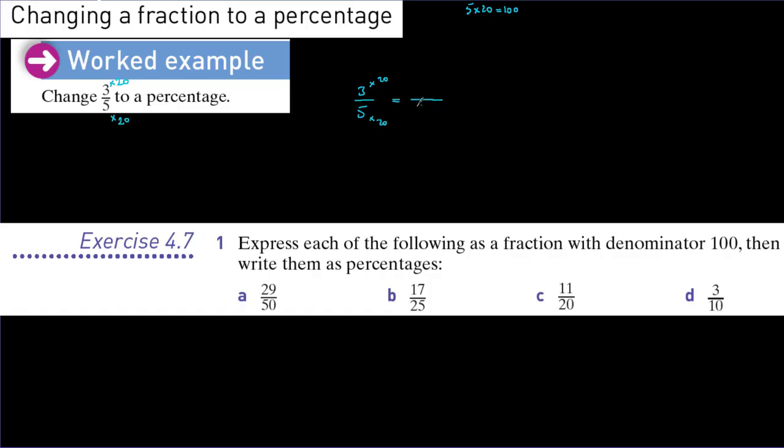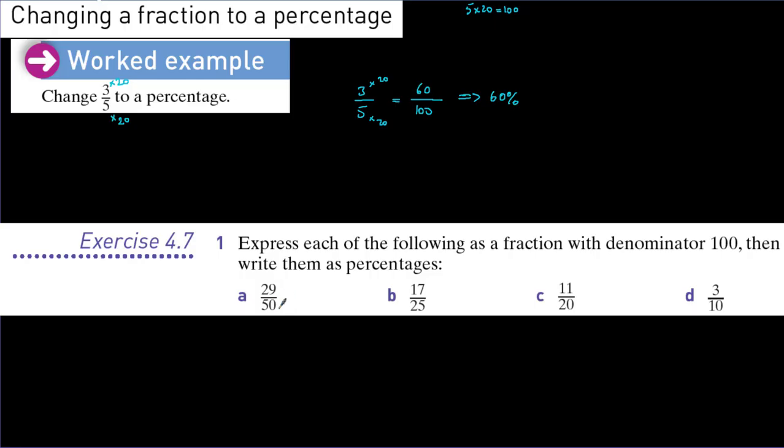Then the result is 60 over 100. If the denominator is 100, it means that you can easily write the percent form, which is equal to 60% here.